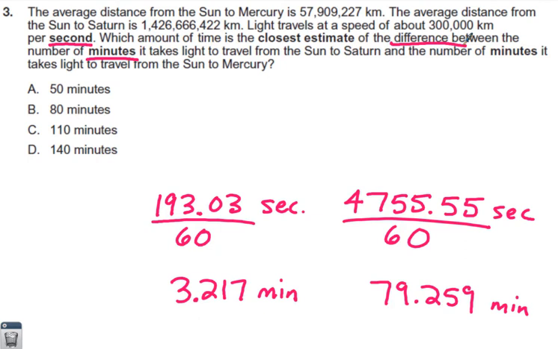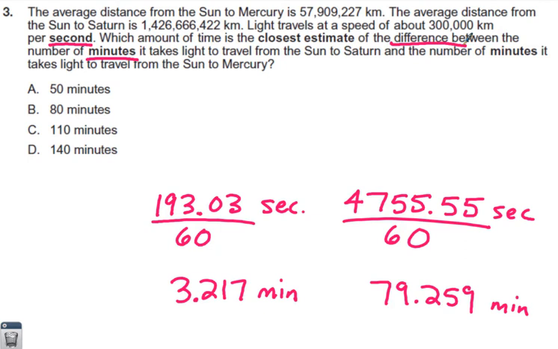So we do have a final step, which is if we do 79.2-ish minus 3.2-ish, aren't we going to get like 76?